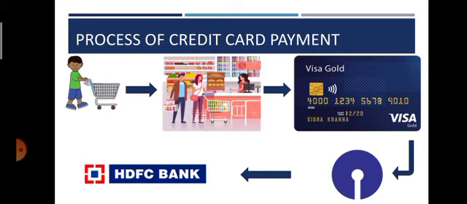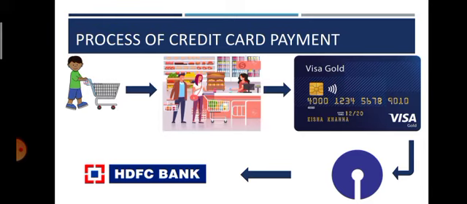So how does it work? For example, you have an SBI account and the merchant has an HDFC account. These two banks are different. When the customer pays through the credit card, the amount from the SBI account will go to the HDFC bank account, that is the merchant's bank account.